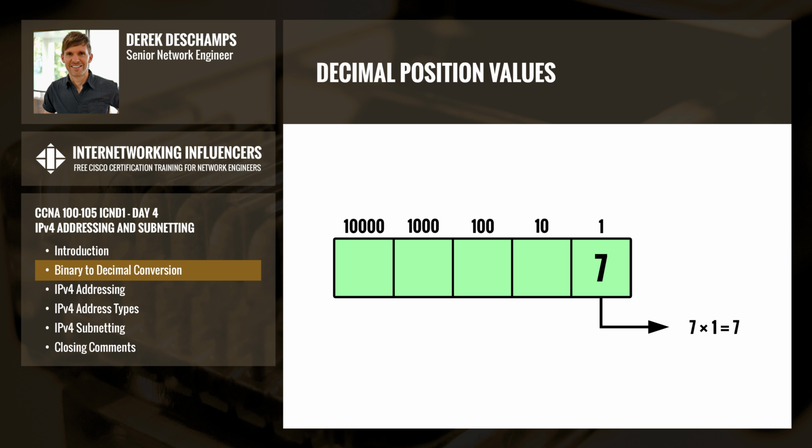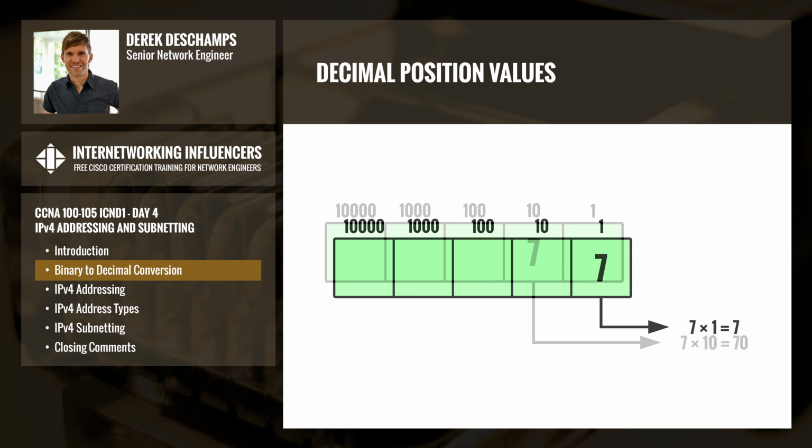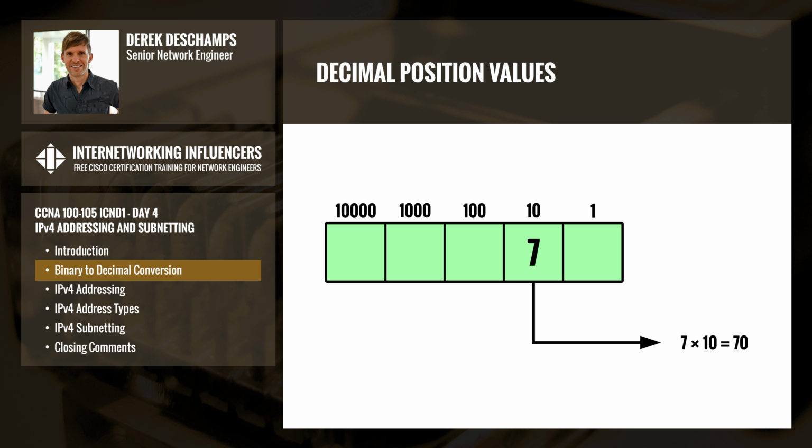So for example, if we have the number 7 in the first position from the right, we know that this position is worth a value of 1. So to get our total value for this position, we take 7 times 1, which equals 7. If we have the number 7 in the second position, we know the value of this position is 10. So we take 7 times 10, which equals 70.